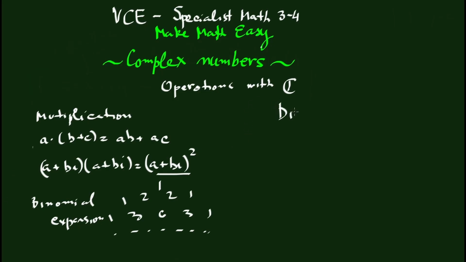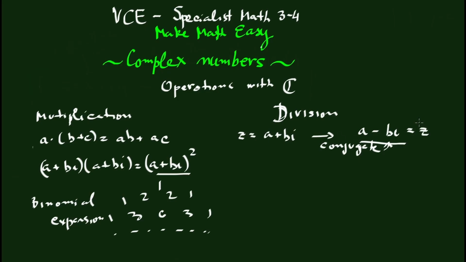And for division, we need to introduce one more term before we start with the division. So if you say a plus bi is a complex number, its conjugate is a minus bi. So if z is said like that, z with a cap, that's a conjugate.